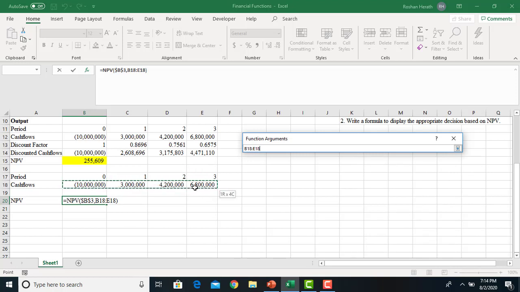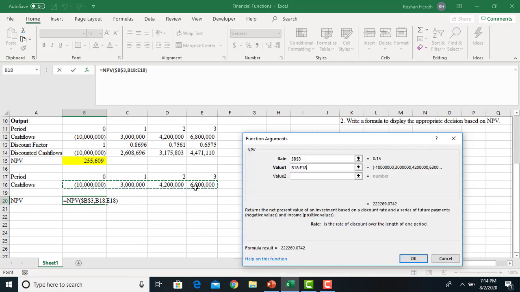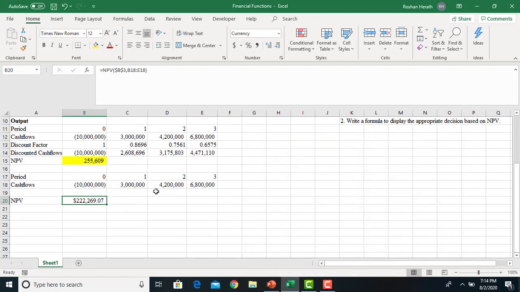And this is what I told you, that you need not take the values separately. So all the values what you have, you can select them at once rather than going into value 1, value 2 or up to 254. There is no point of doing that. So at a stretch, in a single value, you can select all the values there, right? Then you can say OK and see whether it gives you the required result.